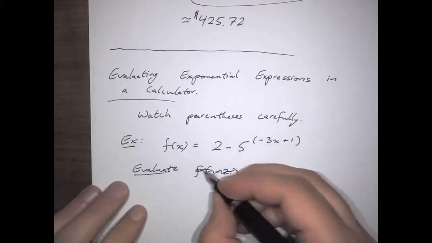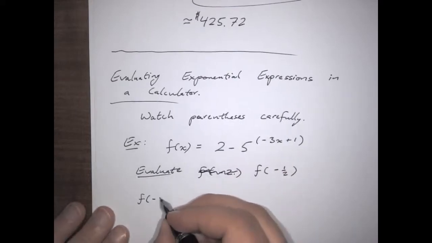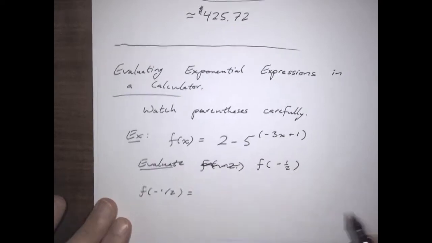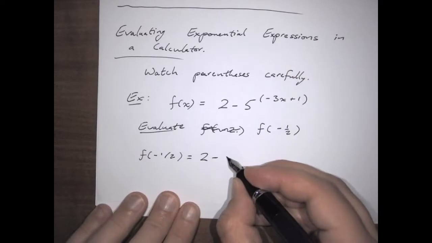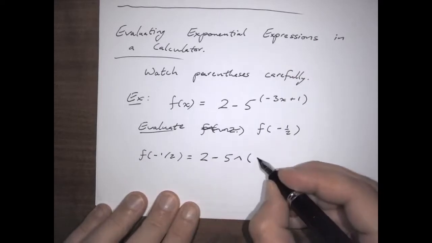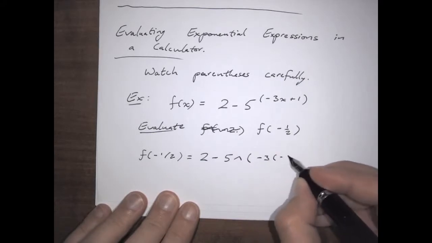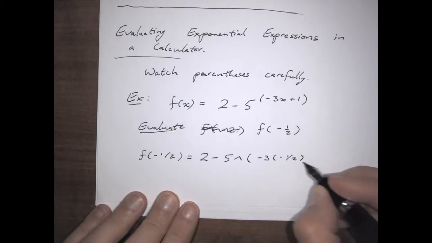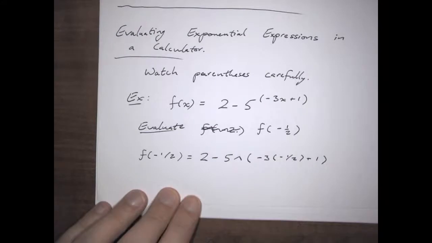All right. So we just got to be very, very careful here. So f of negative 1/2. Let's just go ahead and put this in the way we would have to enter it into a calculator. So 2 minus 5 to the power of, and then here, negative 3, and then you'd want to make sure that you put parentheses very carefully around this part, plus the 1, and then into those parentheses.